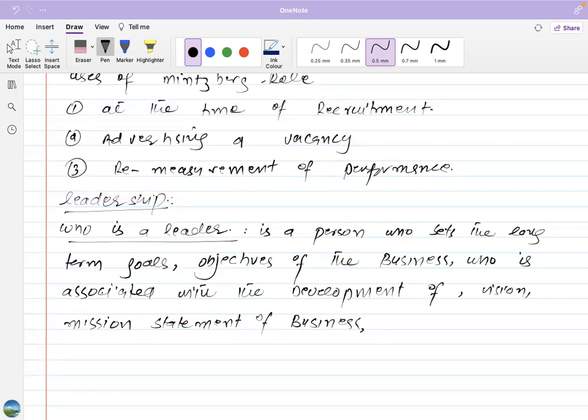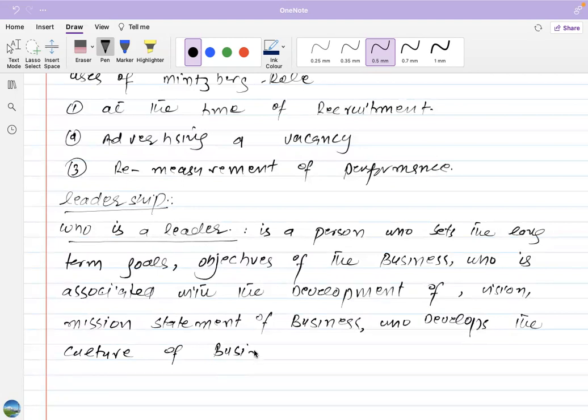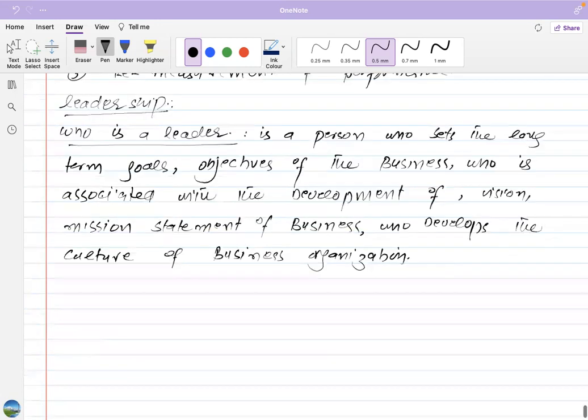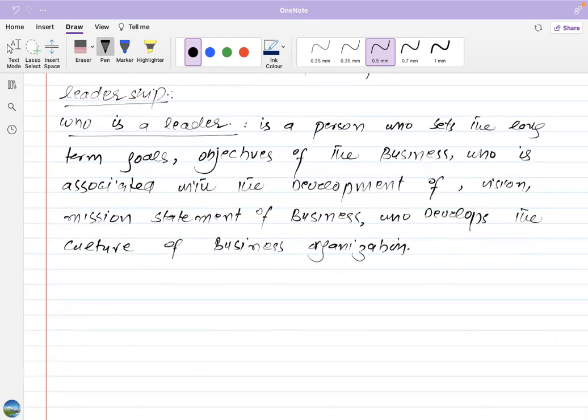A leader is the person who develops the culture of business organizations. Actually, he provides the roadmap to the people in which they can organize their work. And when we talk about leadership, the definition is very simple.